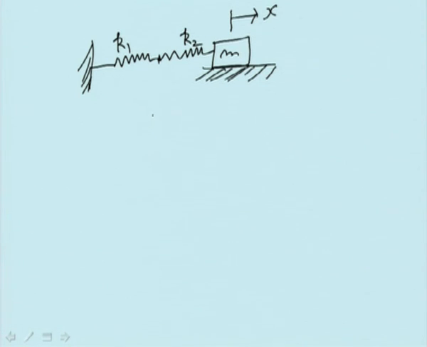Let us make the free body diagram of this. Now let us say that this point displaces by y. Applying Newton's law, m x double dot is equal to minus k2 times x minus y.